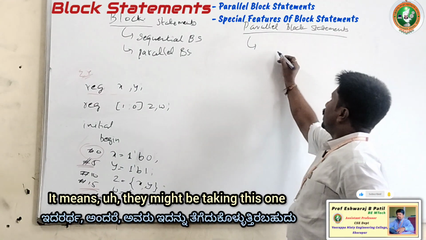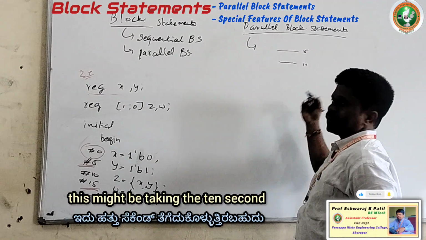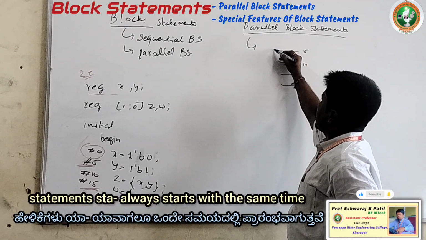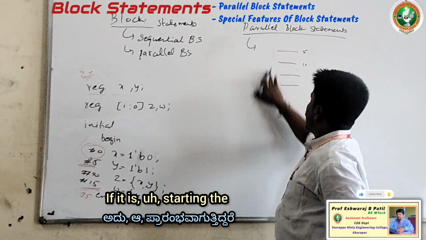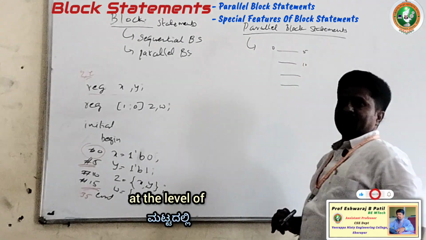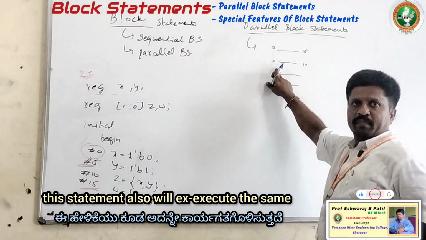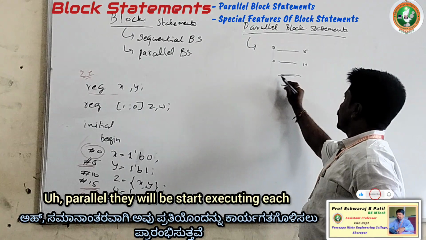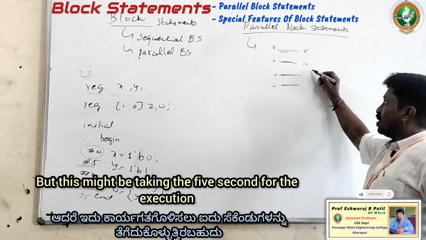It means this one might take 5 seconds, this might take 10 seconds. That doesn't matter here. But the execution of these statements always starts at the same time, whatever time you have given. If the execution starts at 0 seconds, definitely this statement will also take 0 as the starting time. They will all start executing in parallel.